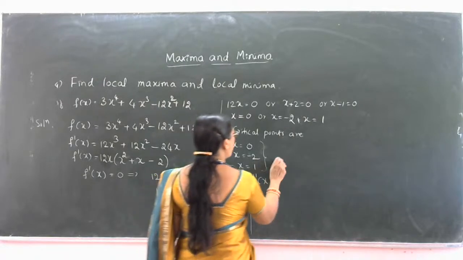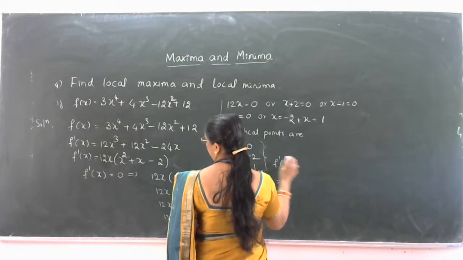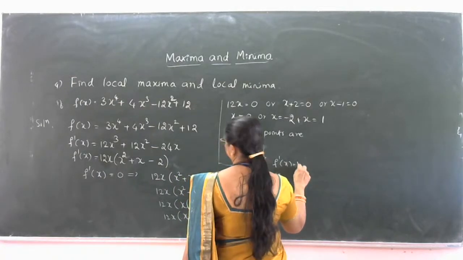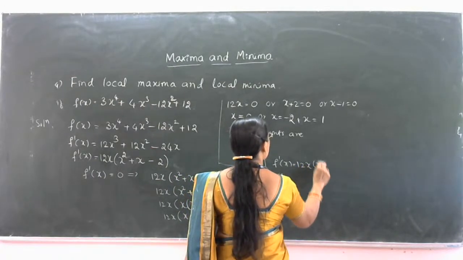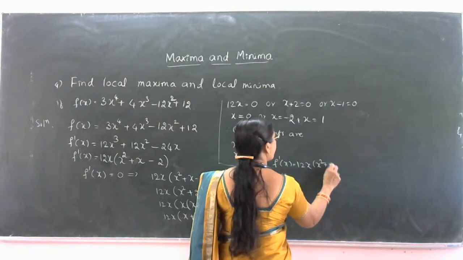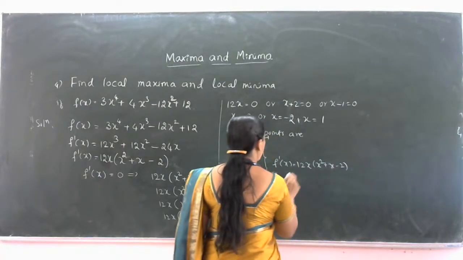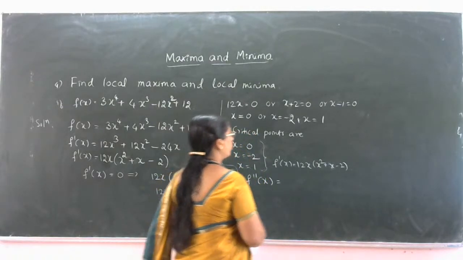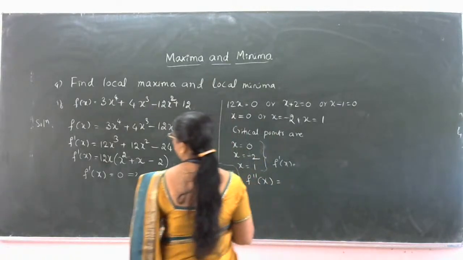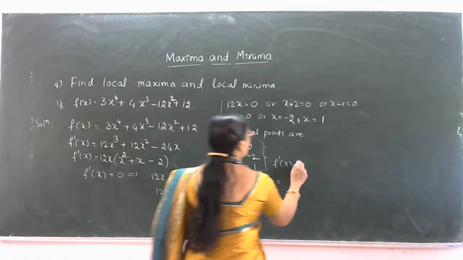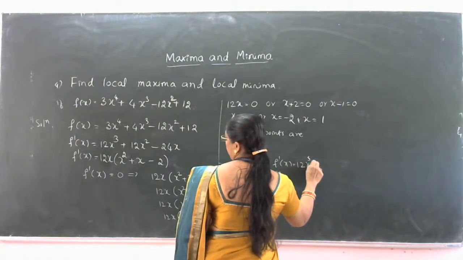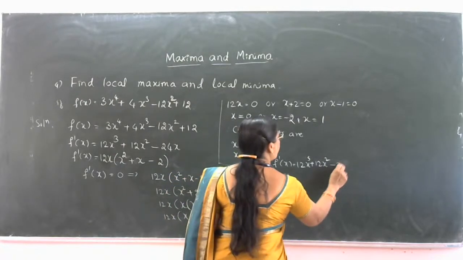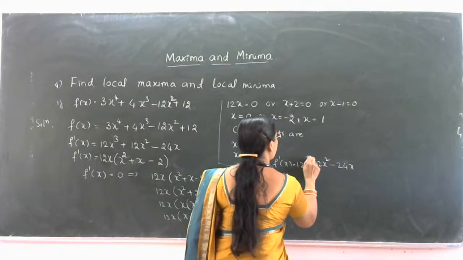We know f dash x is equal to 12x into x square plus x minus 2, that is 12x cube plus 12x square minus 24x.